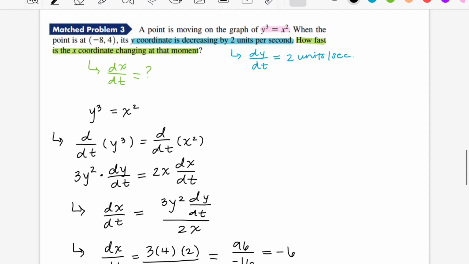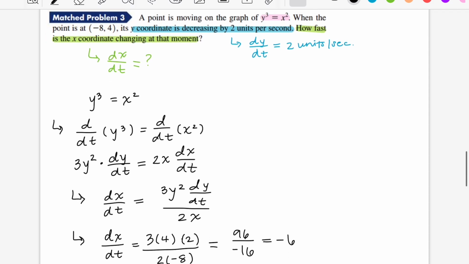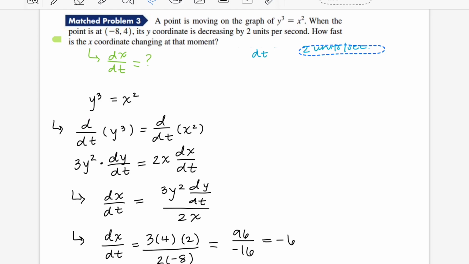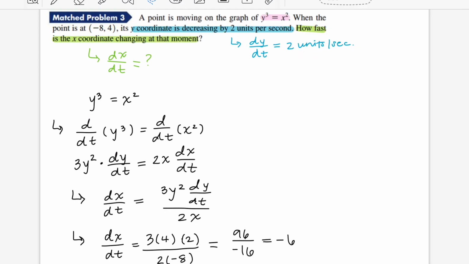Actually, sorry, I just noticed a typo here. Going back to our problem, we have to be careful with the wording here. So it says the y-coordinate is decreasing by 2 units per second. So this means our dy/dt is actually equal to minus 2 units per second.